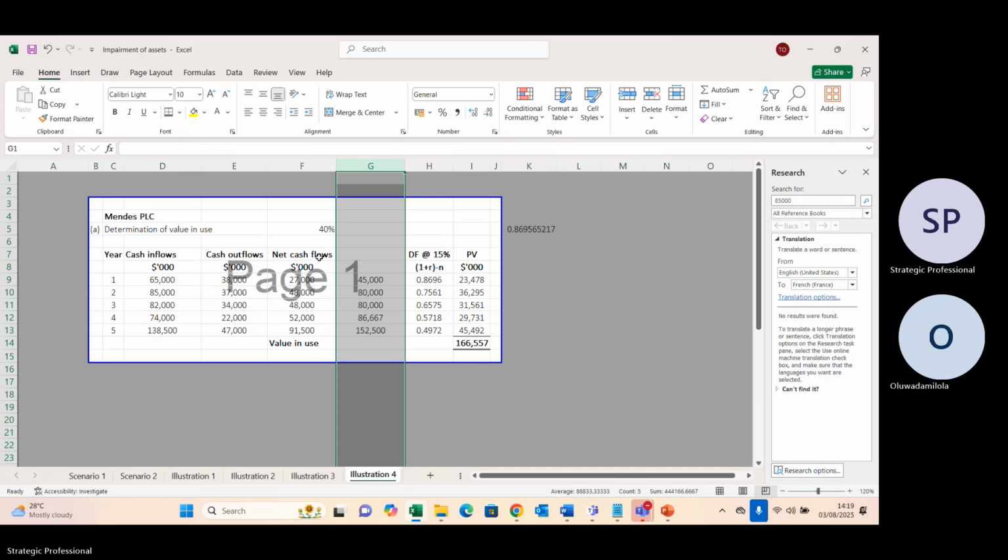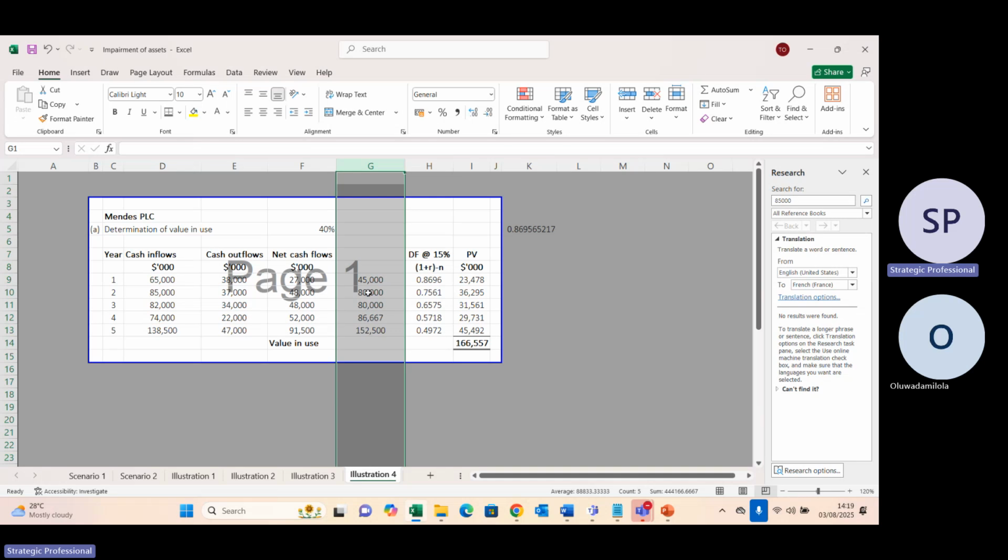Let's basically agree: if it is post-tax, it means that it has been adjusted for tax. But the standard says I don't want that. I want the pre-tax. The standard says you should use pre-tax cash flow. That's what the standard prescribes. Okay, I get it now.